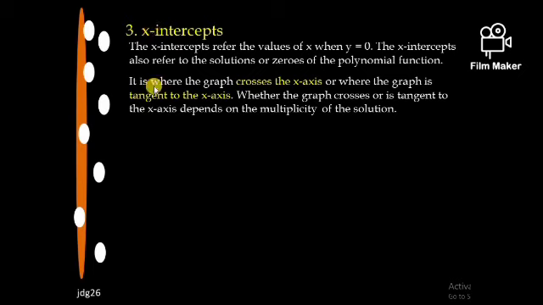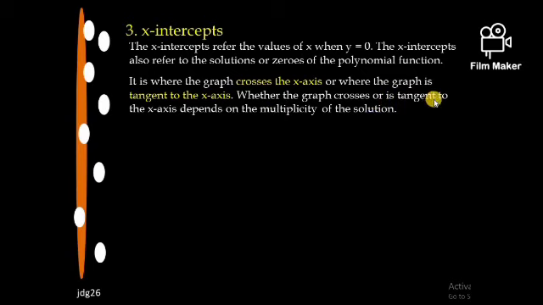Next, the x-intercept is where the graph crosses the x-axis or where the graph is tangent to the x-axis. So, ibig sabihin, pag nakuha na natin si x-intercept, dito daw dadaan yung graph. It can be cross or magkakross siya dun sa point na yun or tangent lang siya sa x-axis.